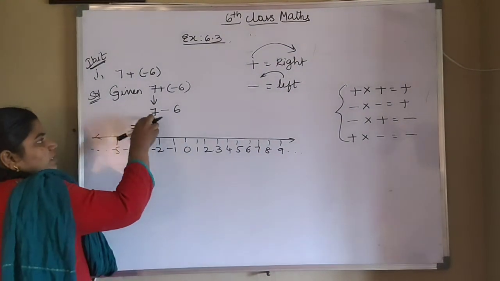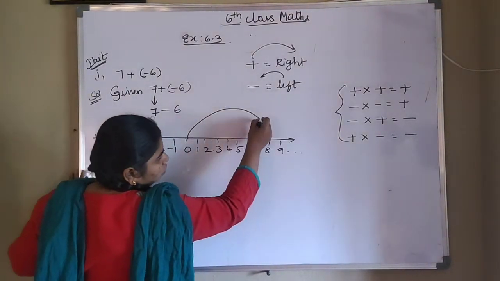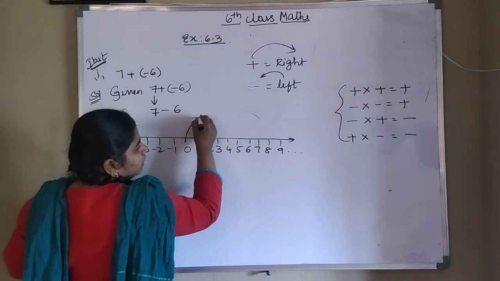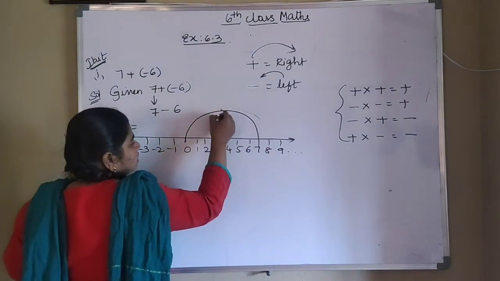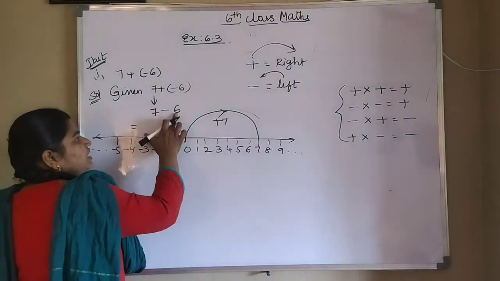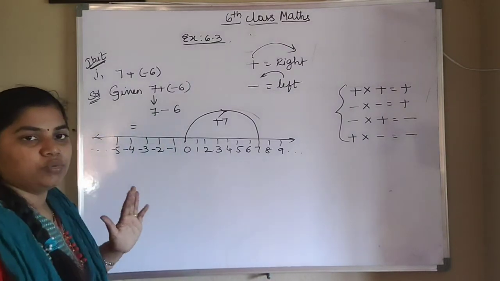So first, 7 is a positive number, so I am moving to the right side from 0 to 7. So this is plus 7. Okay. Now 6. 6 is a negative value. Negative value means we have to move to the left side.